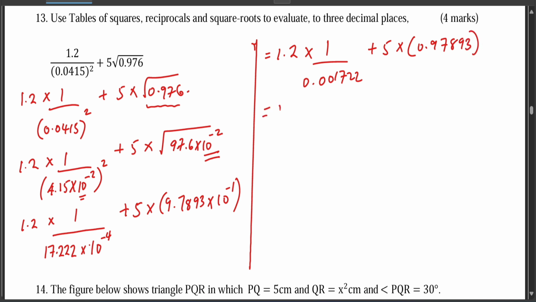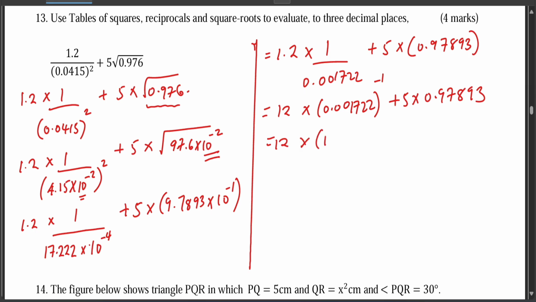So 1.2 times the reciprocal of 0.001722 plus 5 times 0.98793. Now write it in standard form again. You write 1.722 times 10 to the power of negative 3 and take its reciprocal.